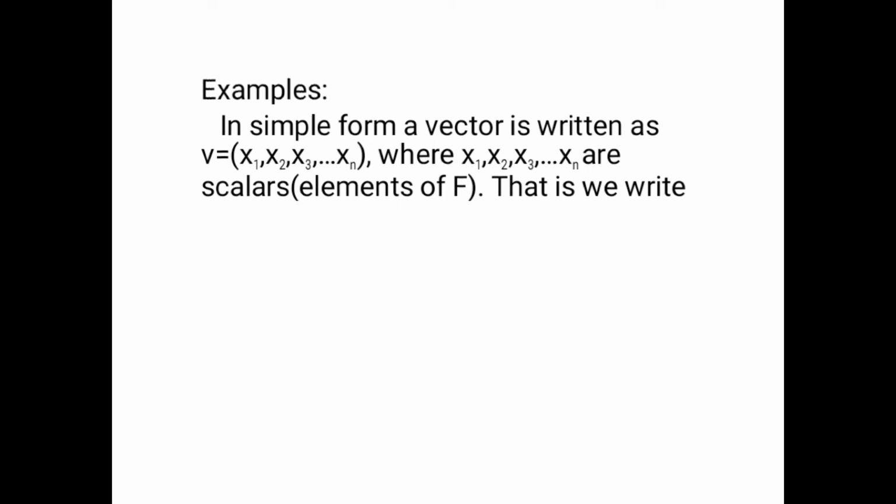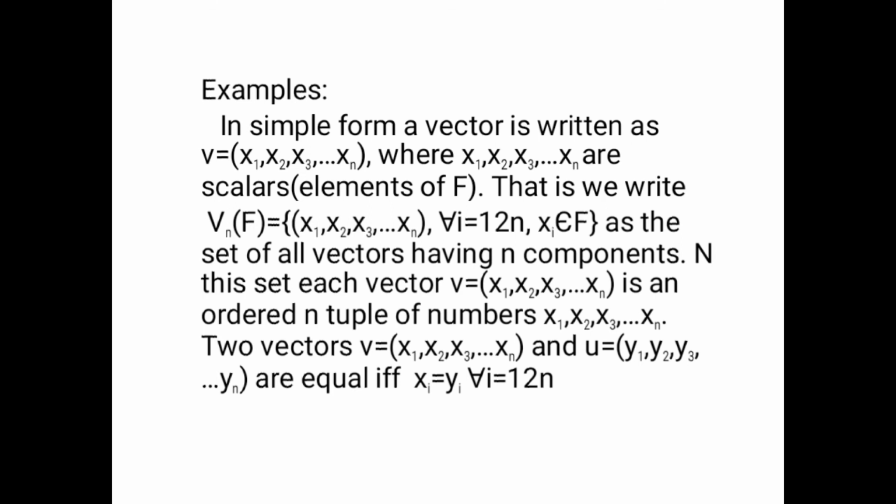Of course, every vector we can say is an ordered n tuple of elements of F. So usually we write it as V_n(F). Here n is a subscript, which means it has n elements as its components. x1, x2, xn are called components, but these are nothing but the elements of F, and we say that the dimension of V_n(F) is n itself.